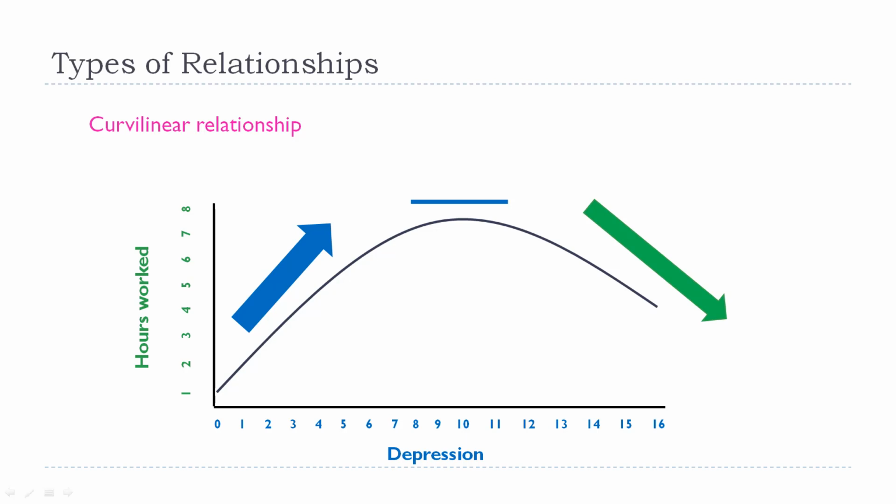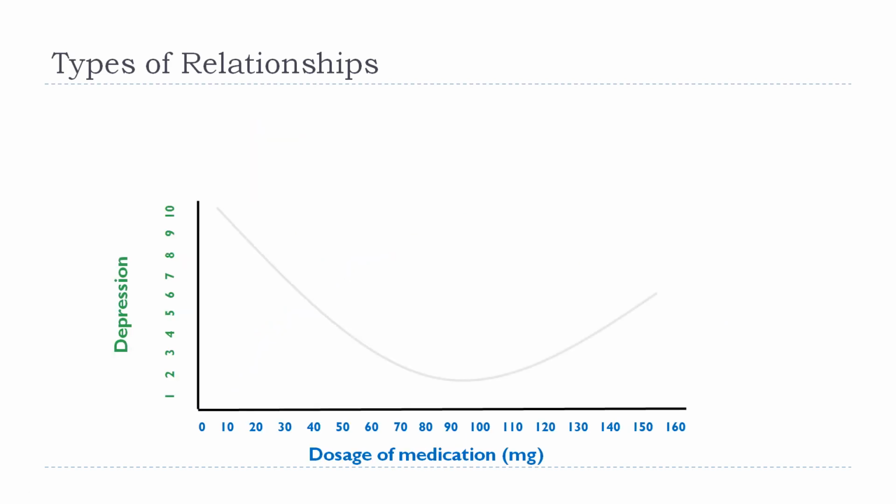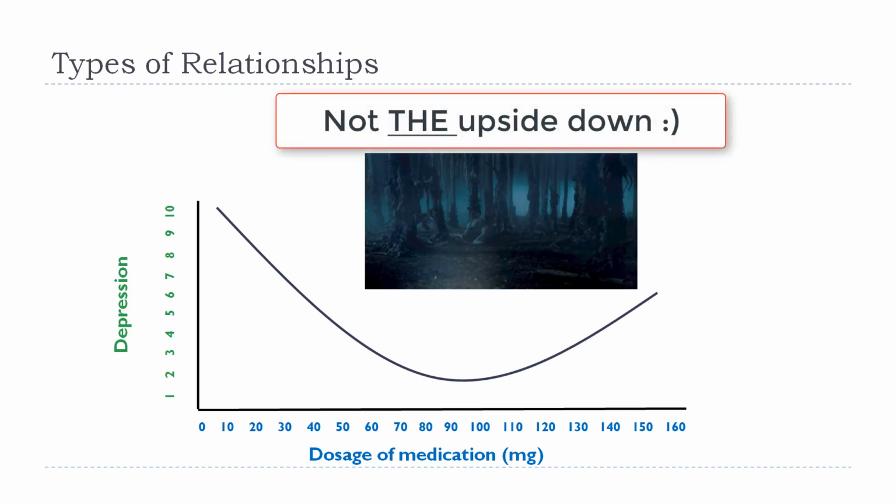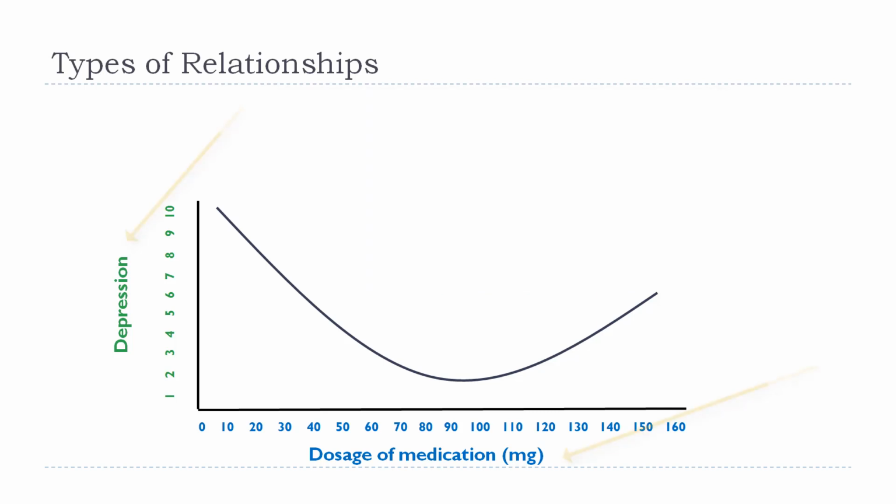Another type of curvilinear relationship looks like this. It looks upside down compared to the previous one, but that's not the only difference here. You notice I've changed the variables. Now the independent variable is dosage of medication, which is measured in milligrams, and depression is on a scale of 1 to 10, 10 being the highest depression.